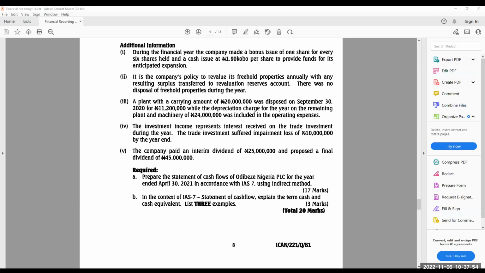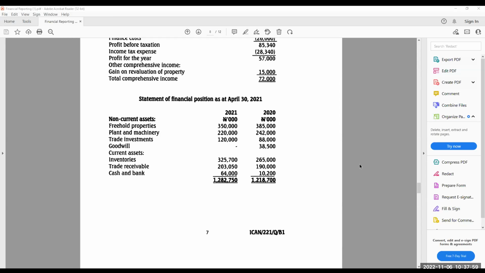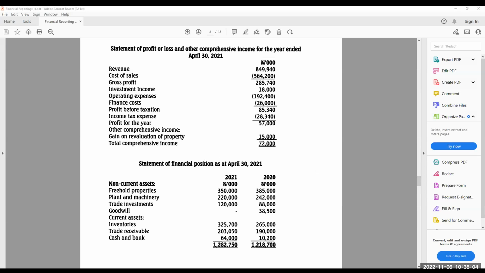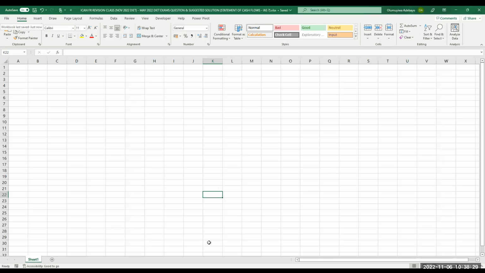What should we do at this point in time? At every point in time, we are trying to solve a problem to get ourselves familiar with information contained in the statement of profit or loss and other comprehensive income, also the statement of financial position as the case may be. Let me switch, I'll be making use of Excel. Let me share.